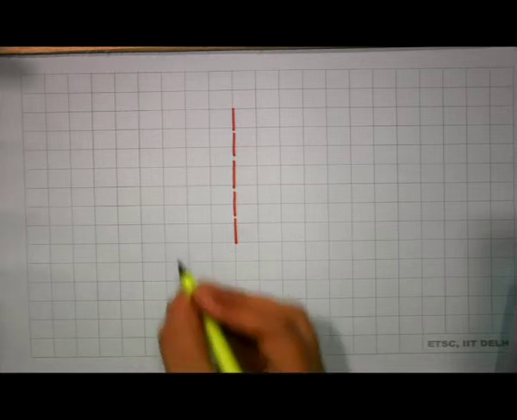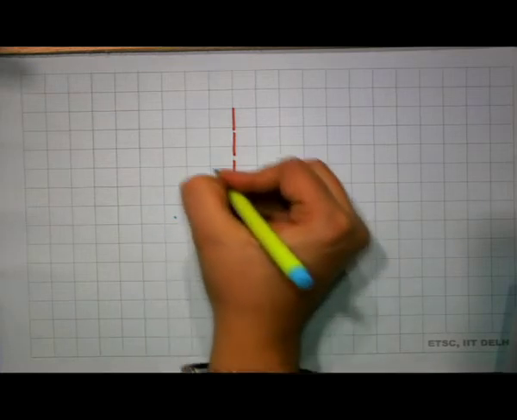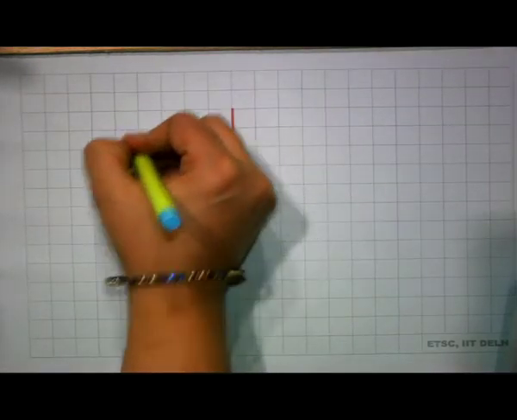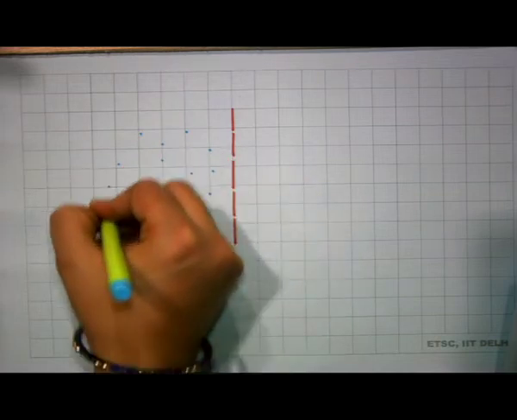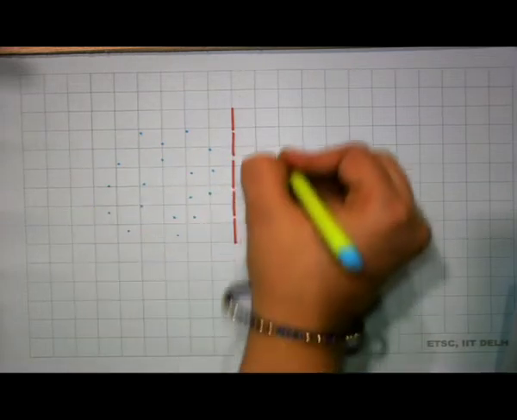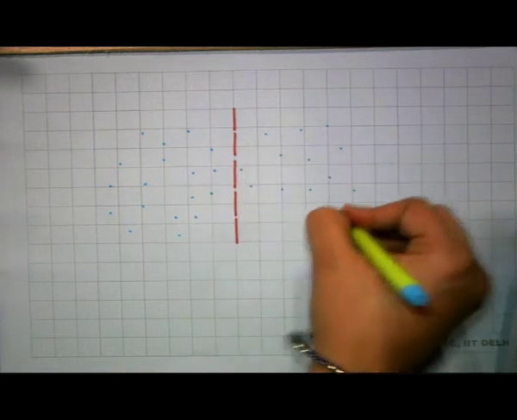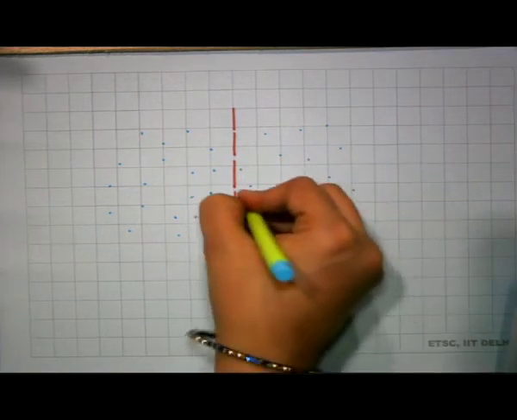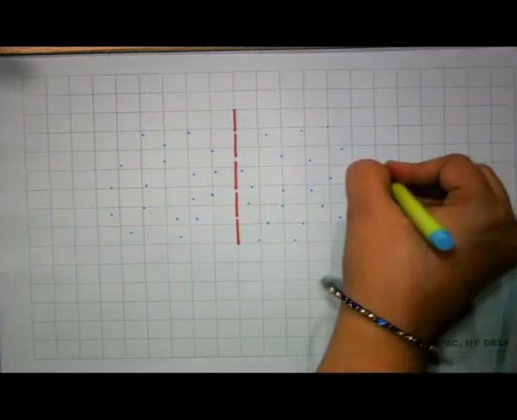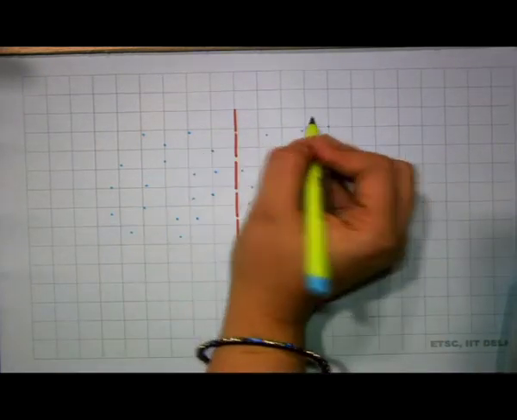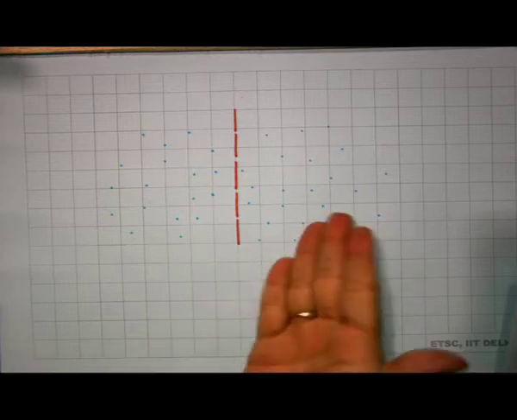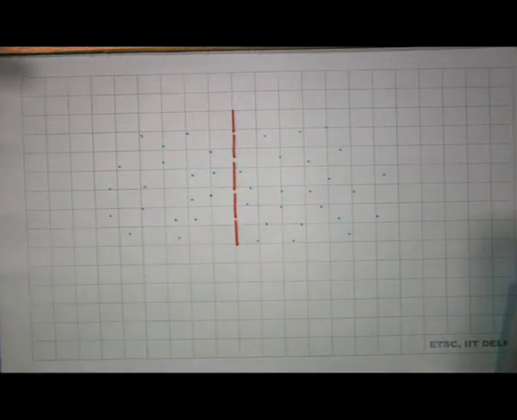Suppose these are the water molecules; I will represent them by dots. Initially, on both sides there is pure water, and since the membrane is semi-permeable, let us suppose that it allows the passage of water molecules from one side to the other.